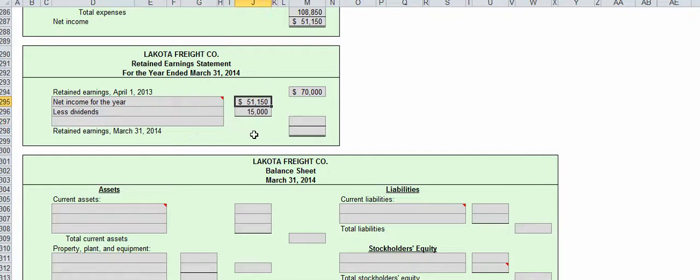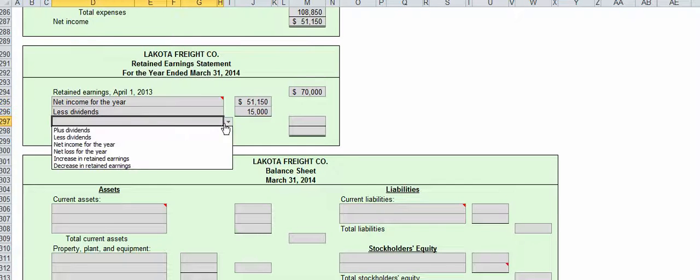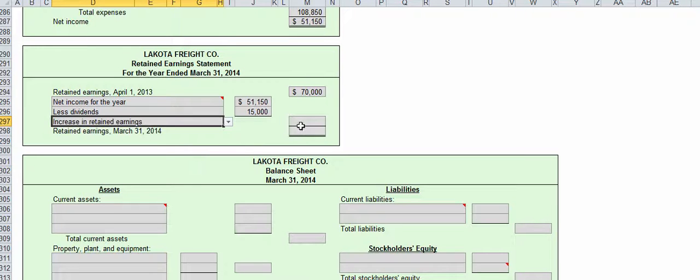Okay, now notice net income was, remember, net income increases retained earnings, dividends decrease retained earnings, and in this case net income was larger. So when we net the two together, we're going to have an increase in retained earnings for the difference in these two. So I'm going to say $51,150 minus the $15,000.